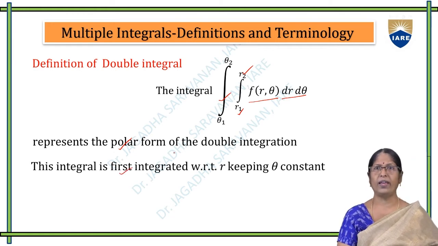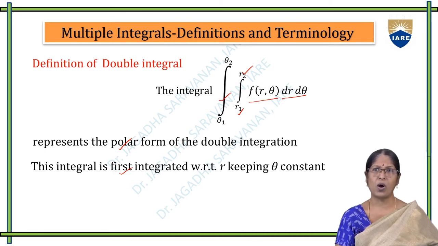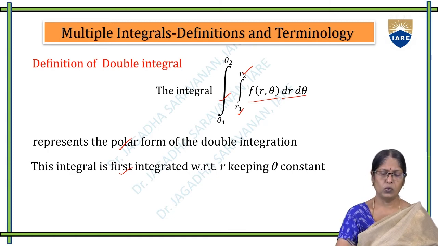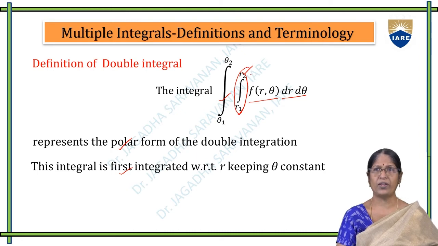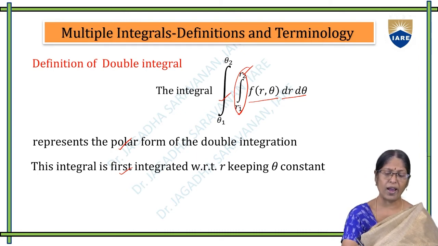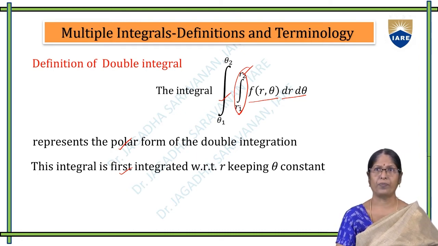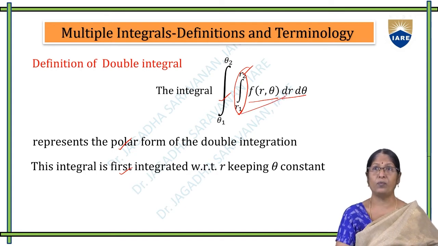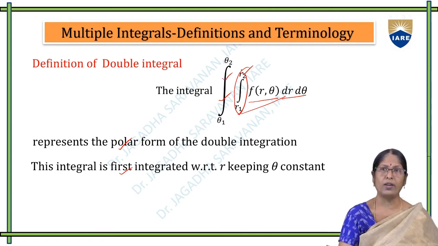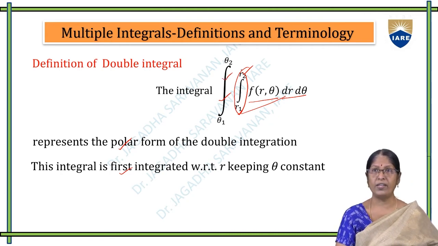This integral is first integrated with respect to r, keeping theta constant. The interior integration is defined for r, so that is the reason we integrated with respect to r first. The outermost one is allotted for theta.